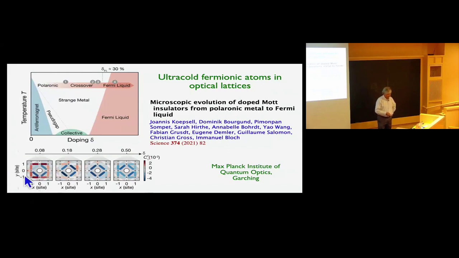When you're at low doping, in this polaronic regime, you have these ferromagnetic correlations, whereas when you go to the Fermi liquid, it becomes all anti-ferromagnetic, if I remember right. Anyway, there's some rather non-trivial evolution of these 3-point correlations at rather high temperatures in these cold atom experiments.